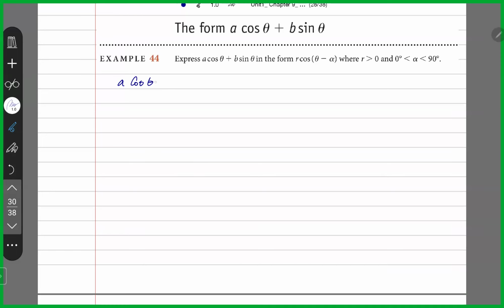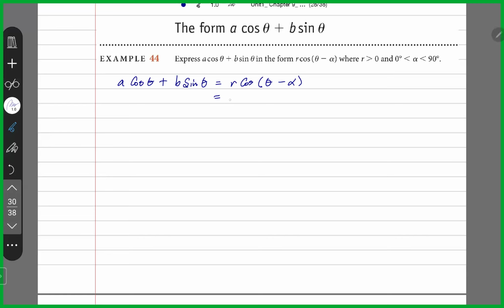So let's start. We're being asked to express A cos theta plus B sine theta into the form R cos(theta minus alpha). The first thing I'm going to do is expand cos(theta minus alpha).